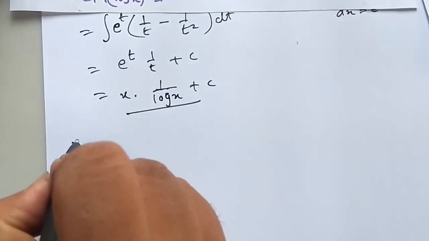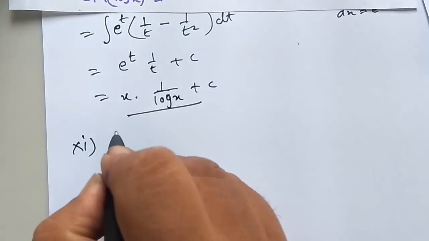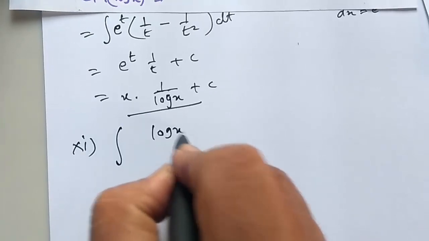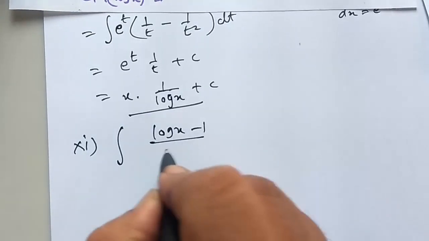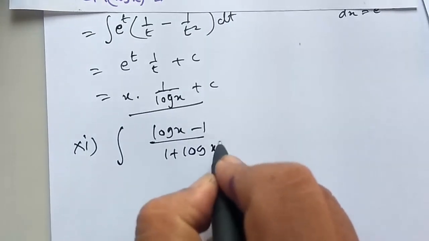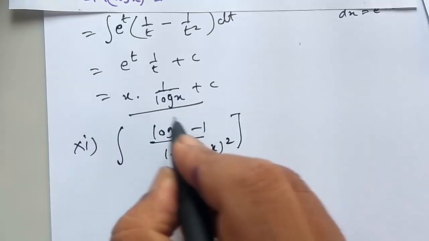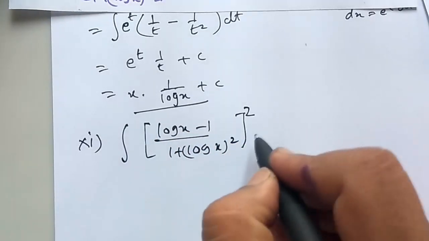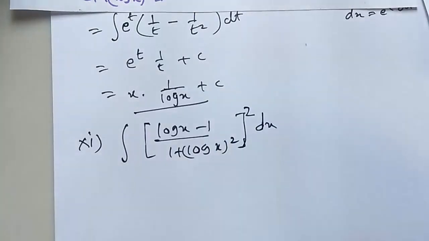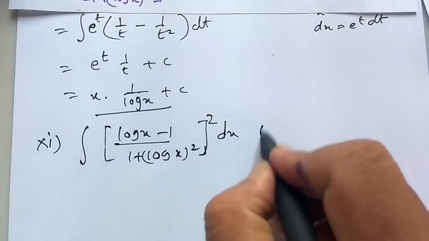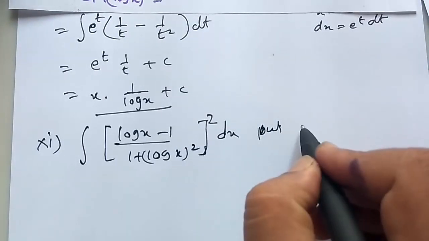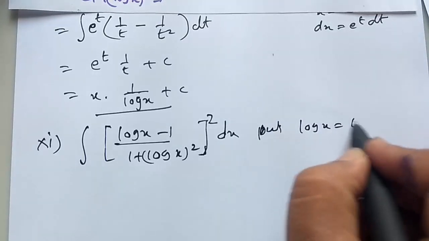Now next, the 11th example, integration of (log x minus 1) upon (1 plus log x)^2 dx. Similarly, we put log x is equal to t.